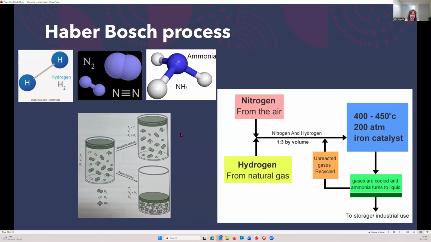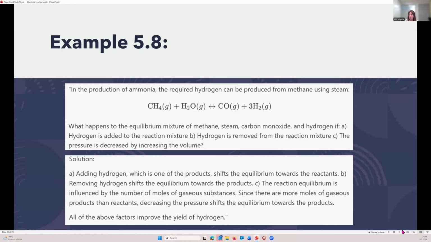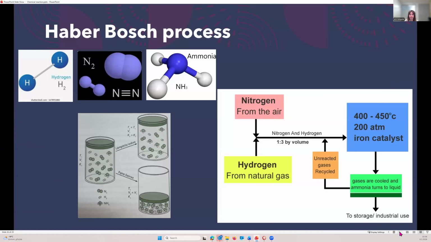This is an example in the book as well, where you can alter the conditions and then do something there, so you can produce ammonia basically from hydrogen and nitrogen. But maybe you'll get familiar with this in your actual applications later on.